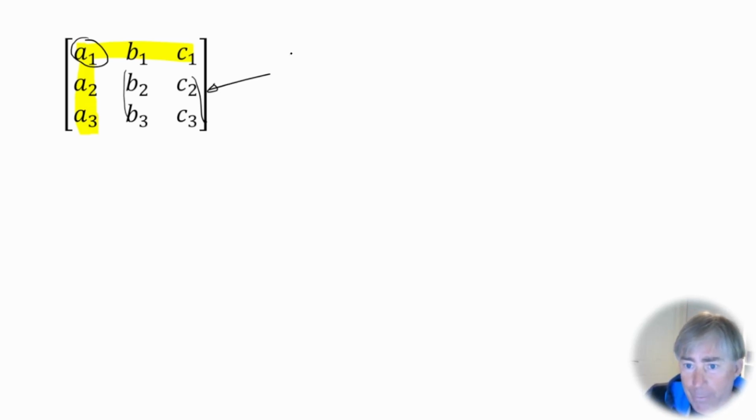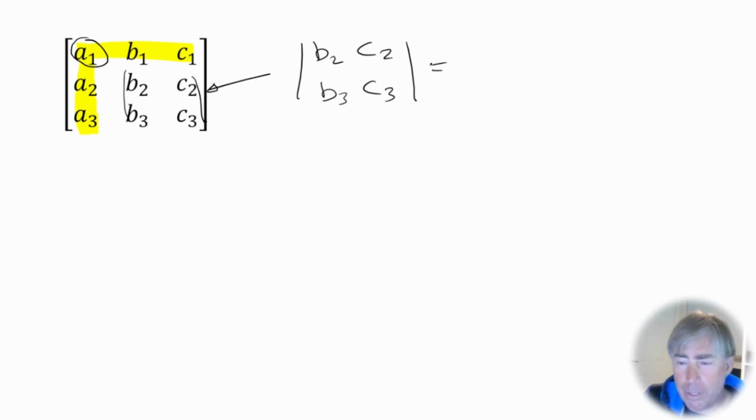Okay, so I'm going to try and find the determinant of B2, C2, B3, C3. So I'm going to write it up here, B2, C2, B3, C3, and two vertical lines denote the determinant of that.